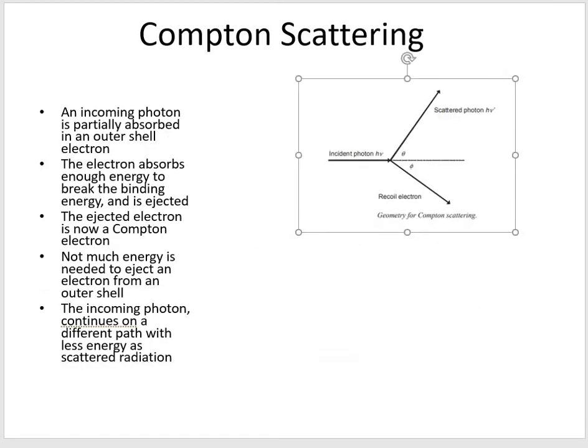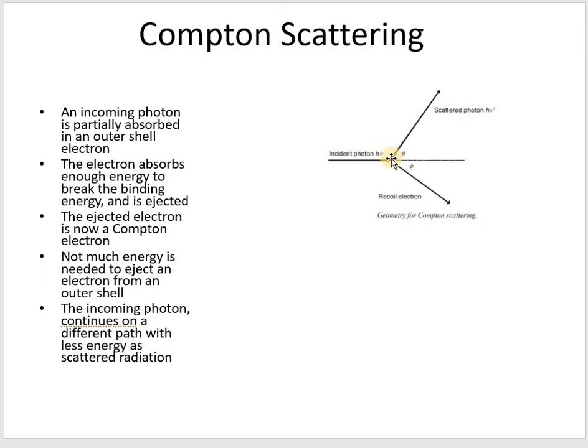This is the geometrical arrangement of the Compton scattering interaction, where the photon is coming from the left with an energy hv and momentum hv over c.